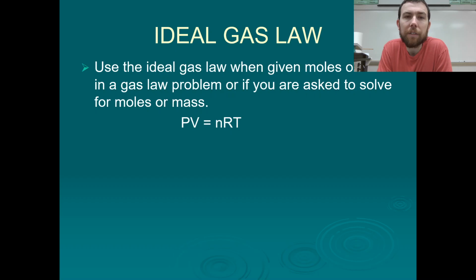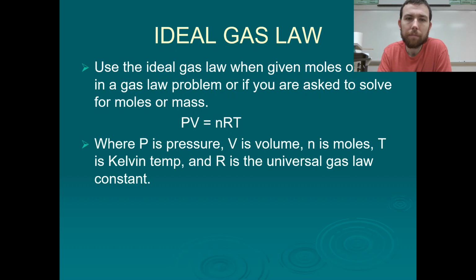So you've got PV equals nRT, where P is pressure, V is volume, n is the amount of moles, R is the ideal gas law constant, and T is your temperature in Kelvin.